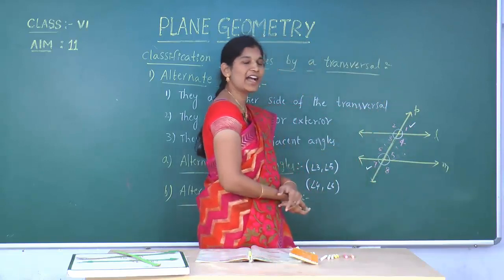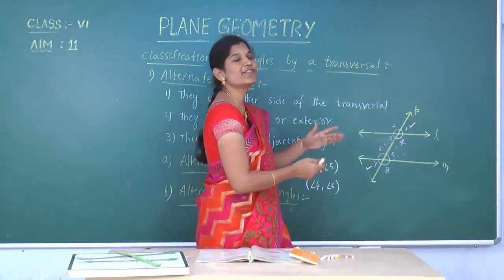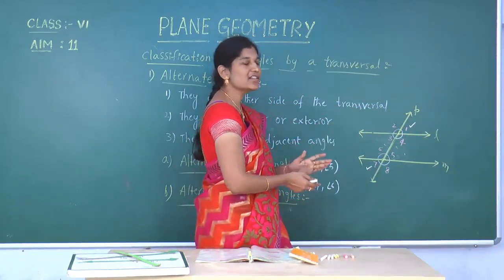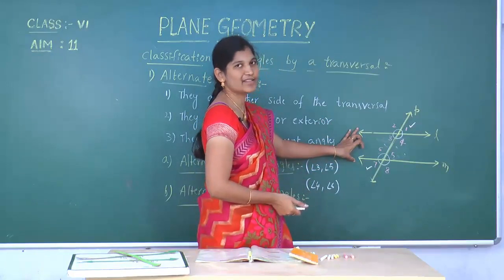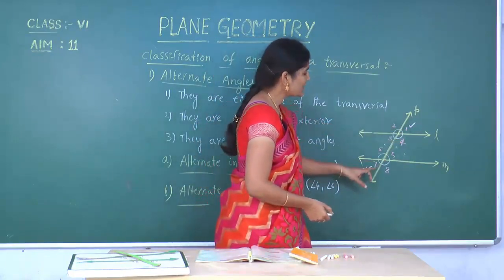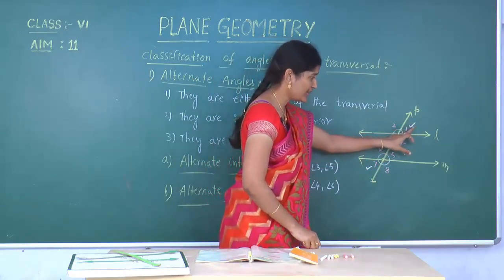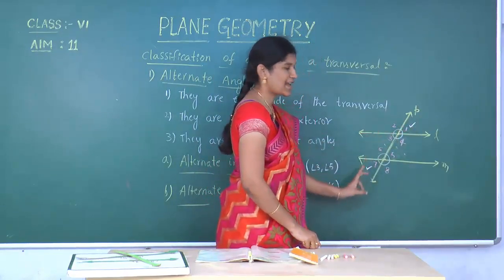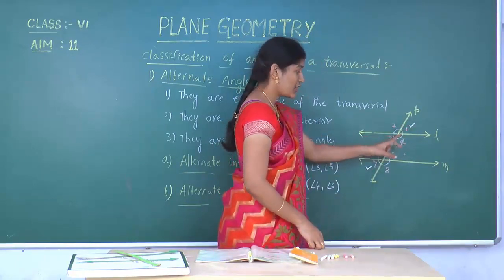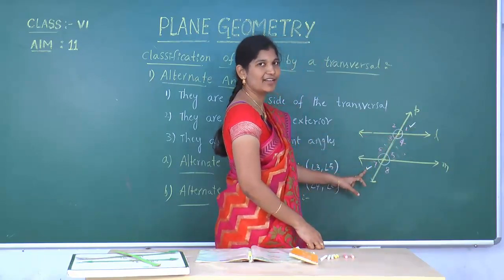Exterior angle means the angles which are outside of the lines, which are exterior to the given two lines. At the same time they are either side of the transversal, and they are not adjacent to each other.